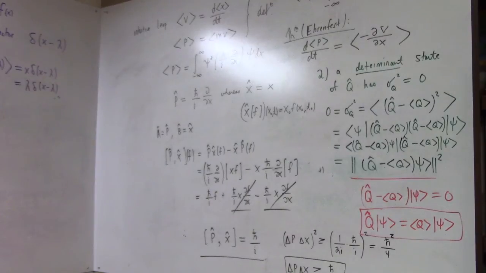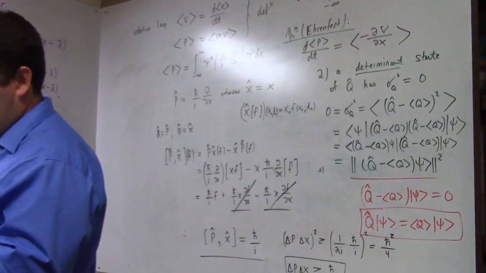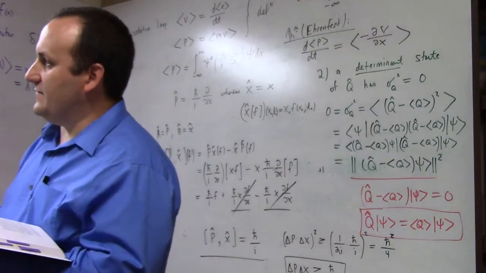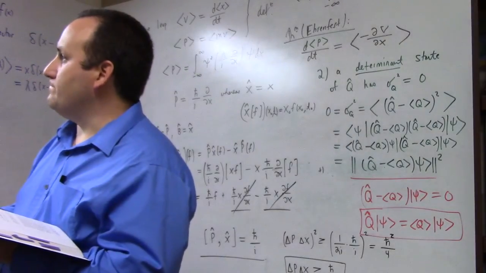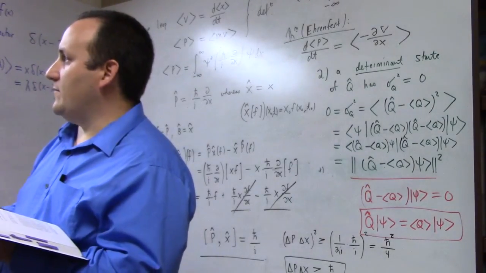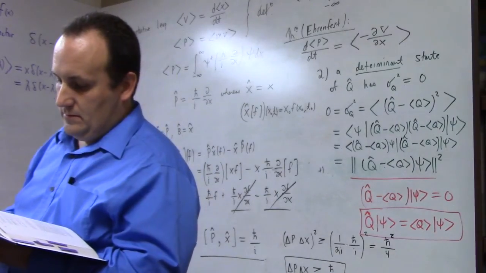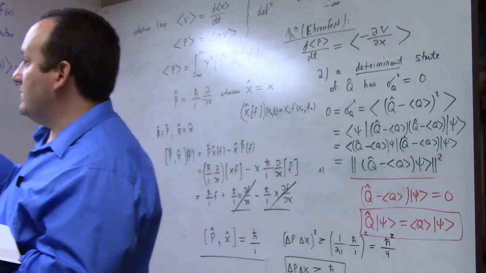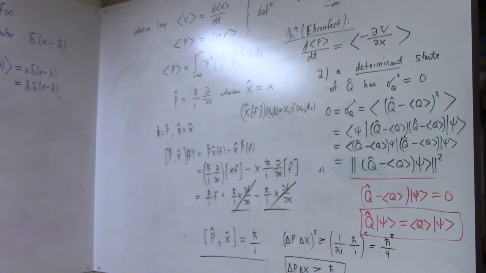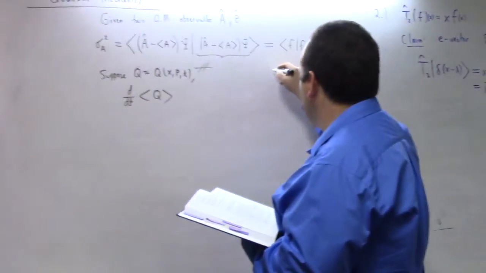P is momentum. Now that's significant because of the other way to write Schrodinger's equation in the world we're currently about to go into.